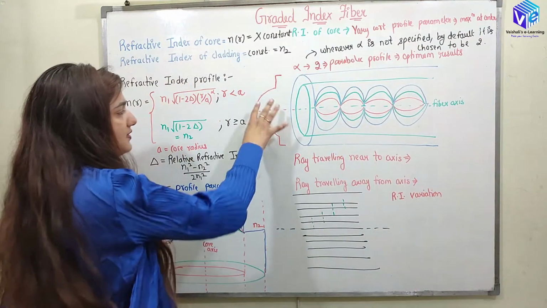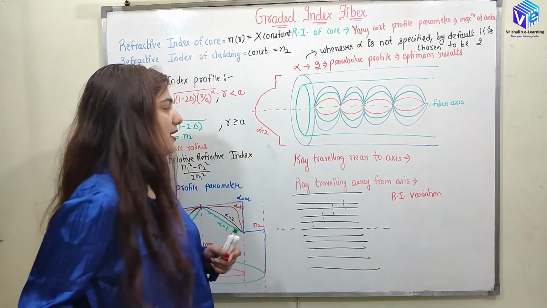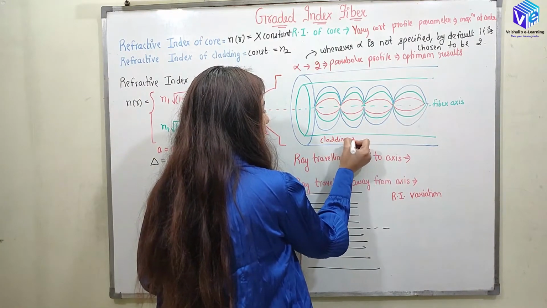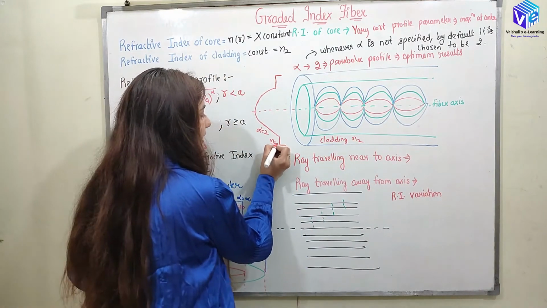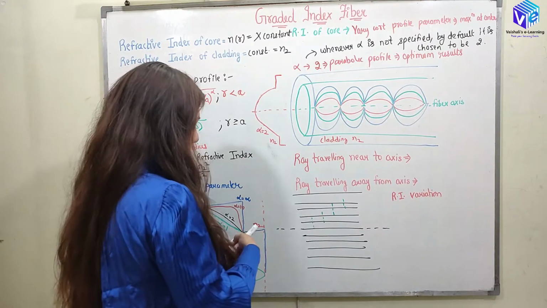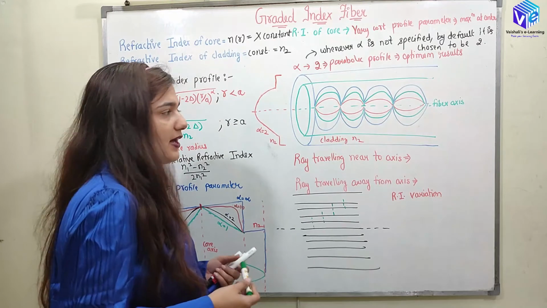So now here you can see I have taken alpha equal to 2, the parabolic profile. This is my cladding with the refractive index N2, and here I have plotted the N2. This is the refractive index inside the core, reaching up to its maximum value and decreasing with the help of the parabolic profile.